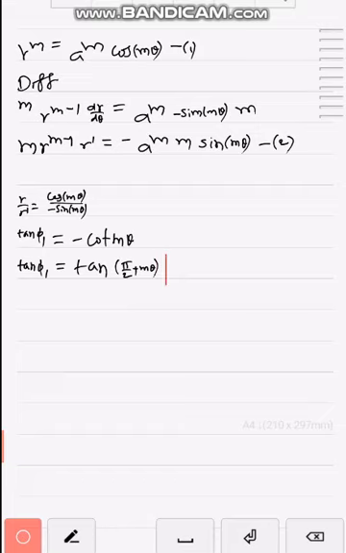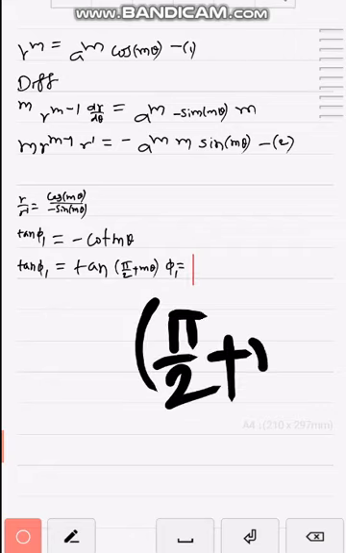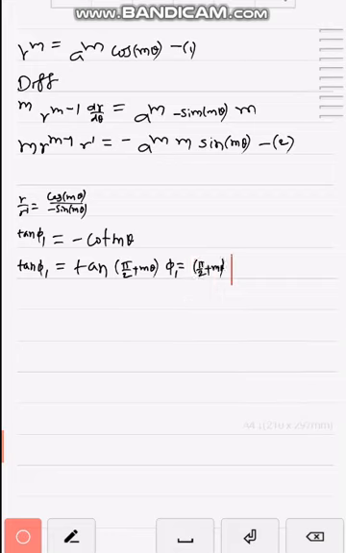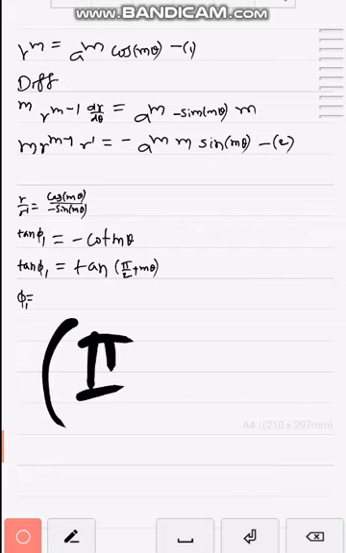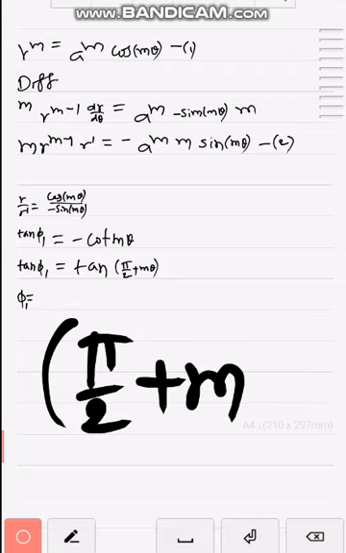So here I have minus cot m theta, so I can write it as tan of pi by 2 plus m theta. So we have phi 1 is equal to pi by 2 plus m theta.